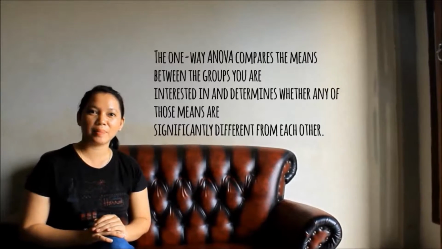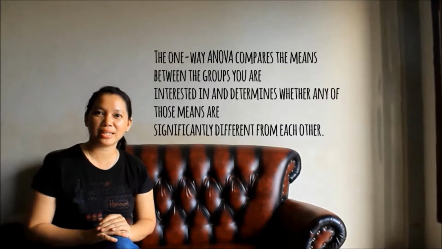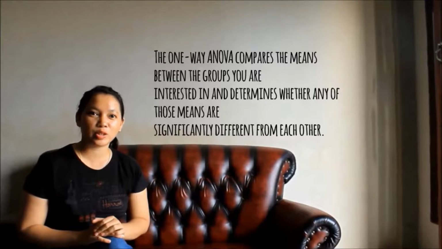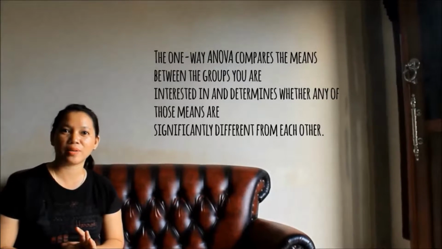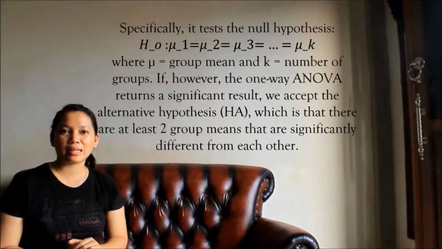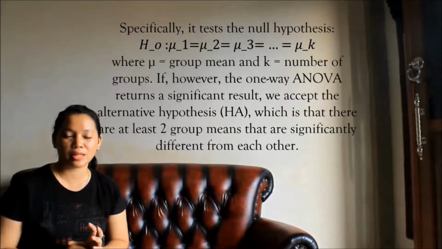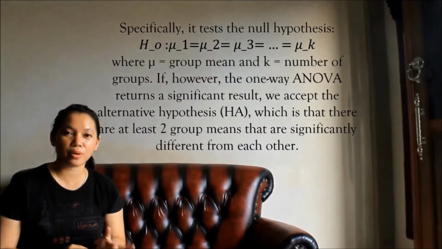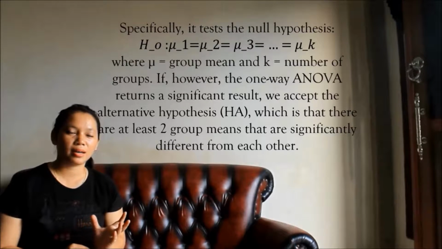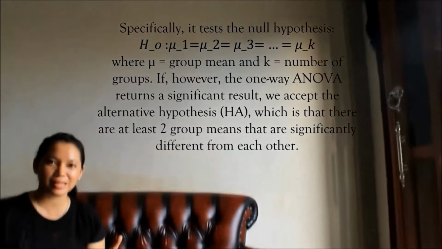The one-way Anova compares the means between the groups you are interested in and determines whether any of those means are significantly different from each other. Specifically, it tests the null hypothesis, and you can see this formula.